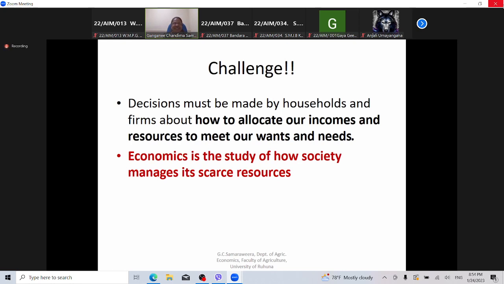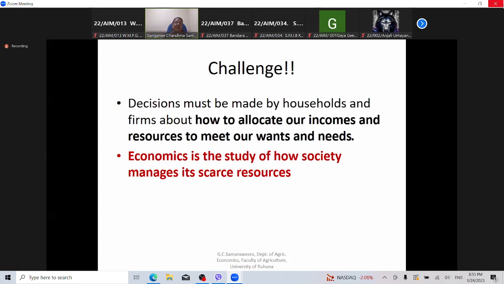Then how to sell the same product at higher and lower prices? If production cost is more, producers have to sell at higher prices. But at that time, consumers are unhappy because they don't like to pay higher prices. So that's also a challenge.